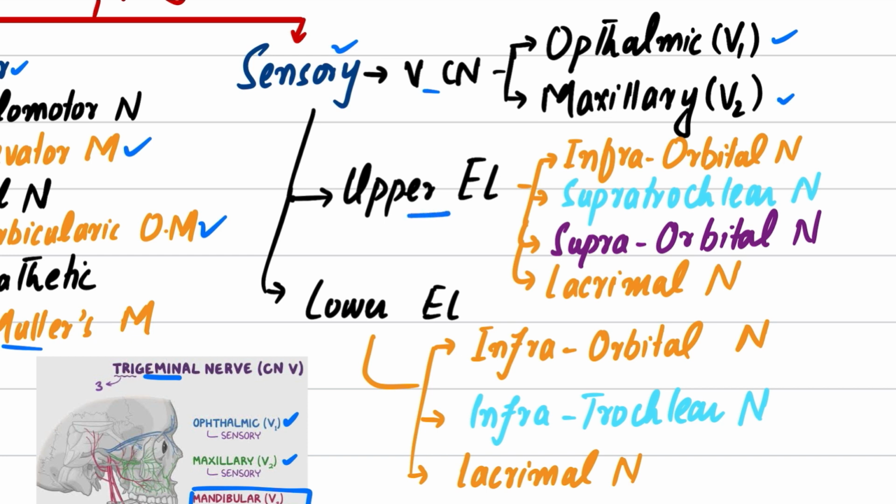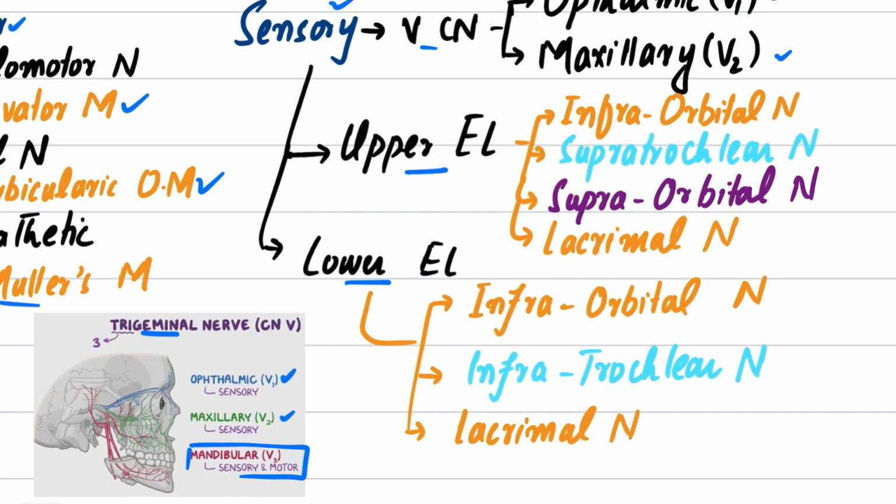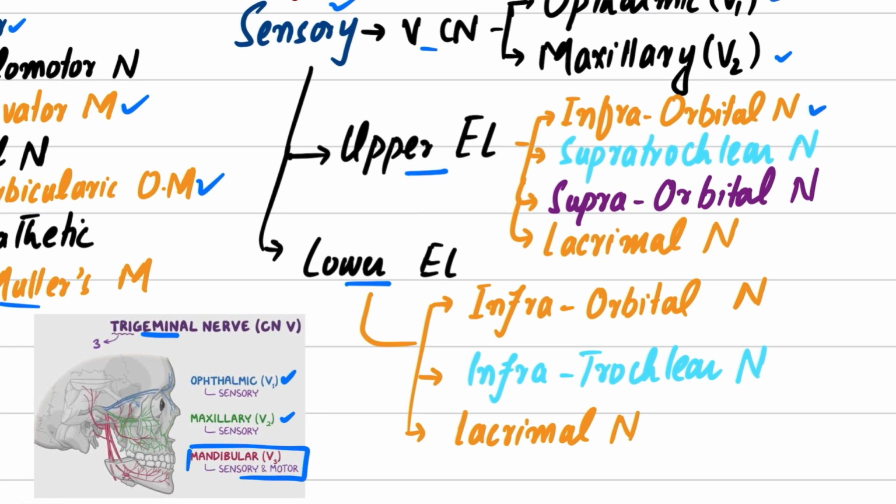The upper eyelid margins are supplied by some branches, and the lower eyelid margin by other branches, or there are common branches. The infraorbital nerve, supratrochlear nerve, supraorbital nerve, and the lacrimal nerve supply the upper eyelid, whereas the infratrochlear nerve and the lacrimal nerve supply the lower eyelid.